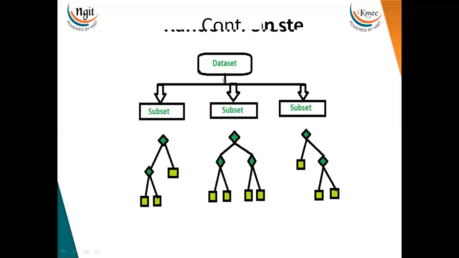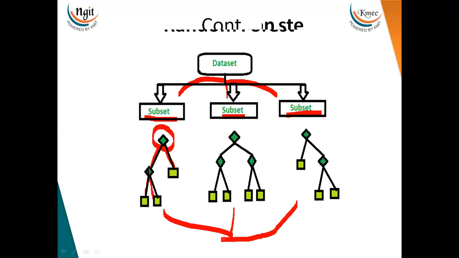Like this, your data set will be divided randomly so that a random number of columns will be divided into subsets of the data. Then out of these random columns, one will be selected as the root of the decision tree by applying ASM, that is the attribute selection measure, that is entropy and information gain. And then you develop your decision tree. And finally, the predictions of these decision trees will be aggregated together by applying majority voting.